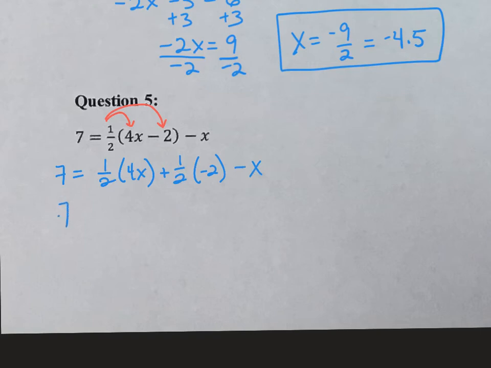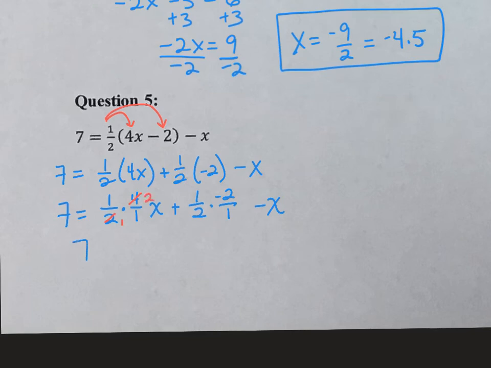So 7 equals 1/2. I'm going to make this 4 over 1x plus 1/2 times negative 2 over 1, and then minus x. With these fractions, 2 goes into 2 one time, 2 goes into 4 two times.